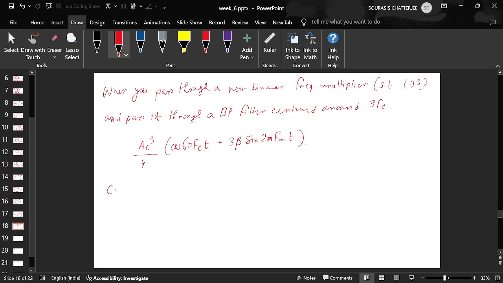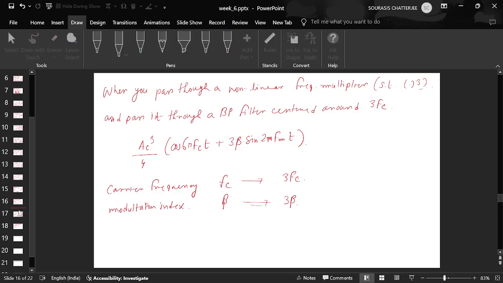So what has happened here: your carrier frequency from fc has become 3fc, your modulation index beta now becomes 3 beta, and when you pass through a multiplier of the power n, similarly you can see the carrier frequency will shift to nfc and the modulation index will become n beta.